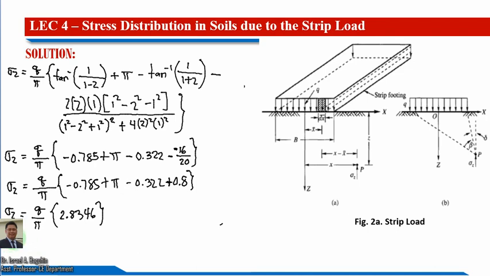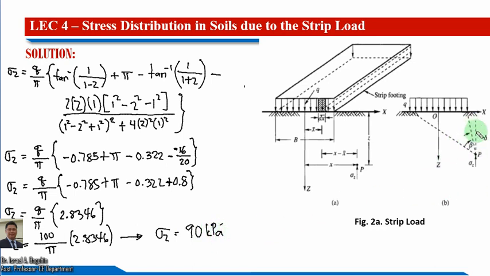So simplifying this one, since our q is equal to 100 over pi times 2.8346, we can calculate the value of our sigma z, which is equal to 90 kilopascal.